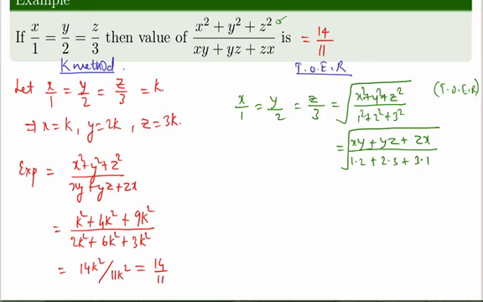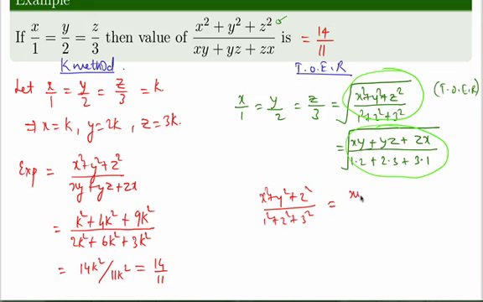Now comparing this expression with this expression, I get the next step, which is x square plus y square plus z square upon 1 square plus 2 square plus 3 square is equal to xy plus yz plus zx upon, this will become 2 plus 6 plus 3.